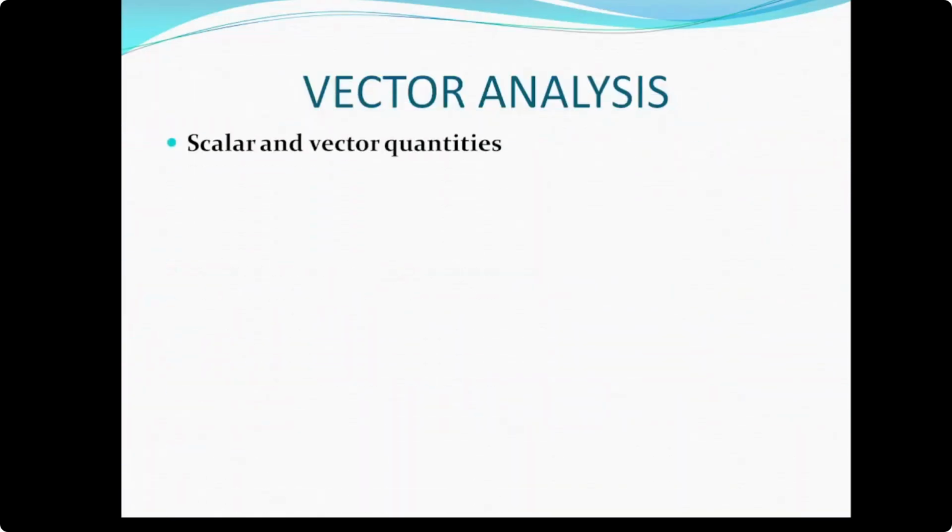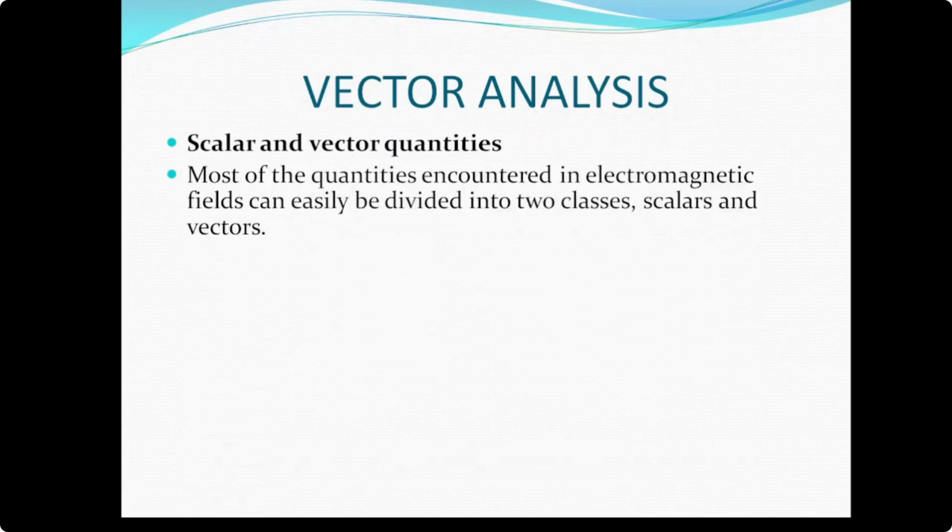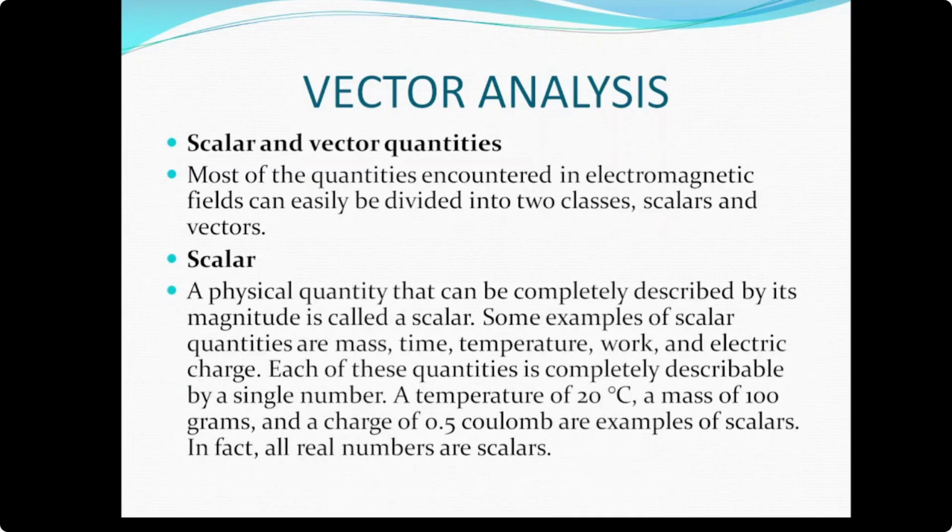Vector analysis. What are scalar and vector quantities? Most of the quantities encountered in electromagnetic fields can easily be divided into two classes, scalars and vectors. Scalar: a physical quantity that can be completely described by its magnitude is called a scalar.